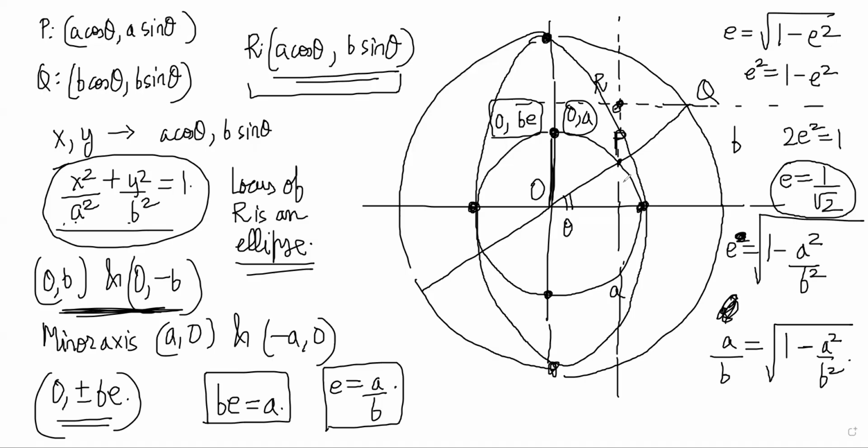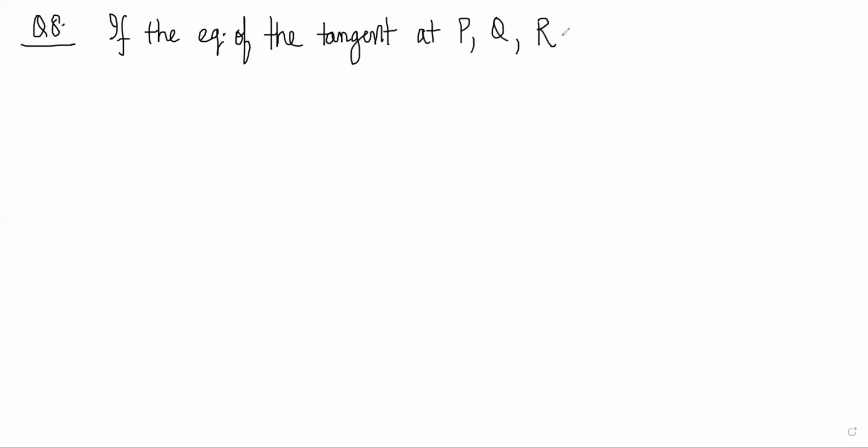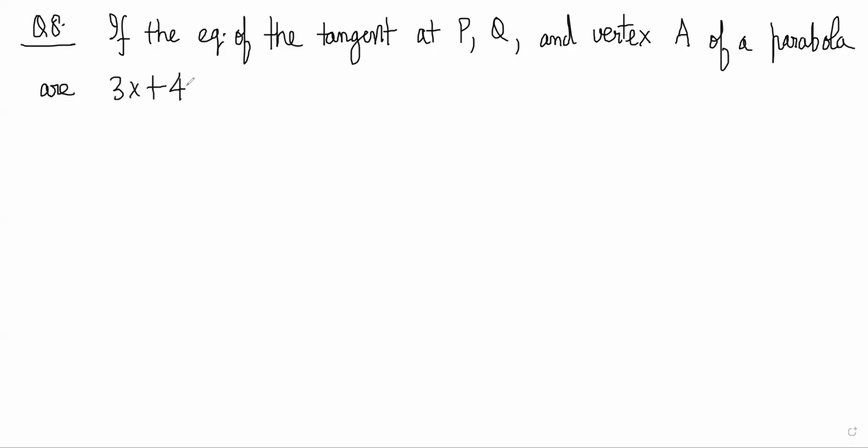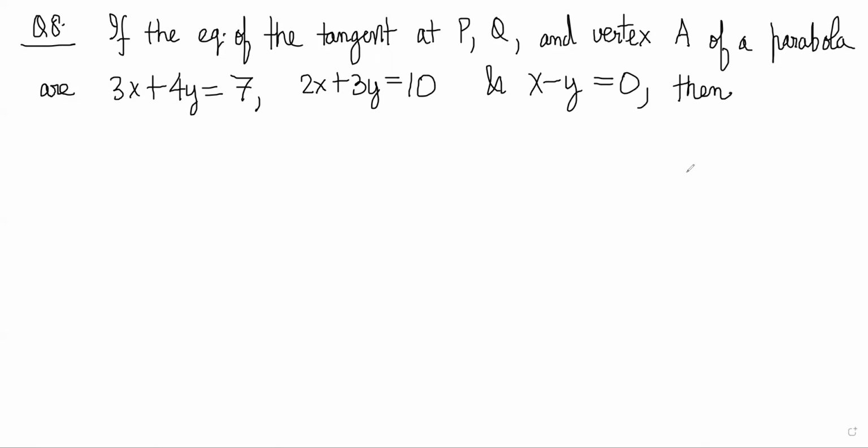The next problem is a nice question on parabola. This is question number 8. If the equations of the tangents at P, Q, and the vertex A of a parabola are 3x plus 4y equals 7, 2x plus 3y equals 10, and x minus y equals 0, then select the following options.